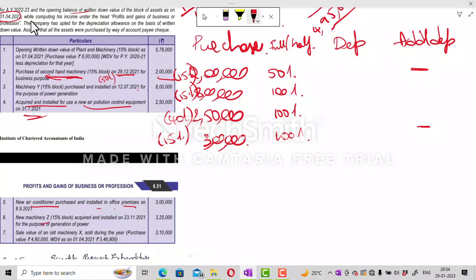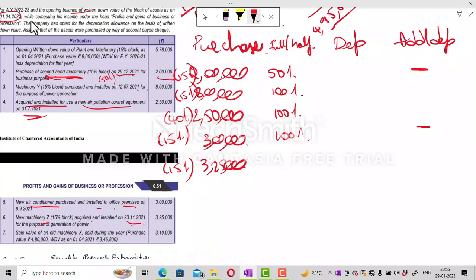New machinery Z, 15% they have given here, acquired and installed on 23/11/21 for the purpose of power generation. 3,25,000 is the purchase rate.